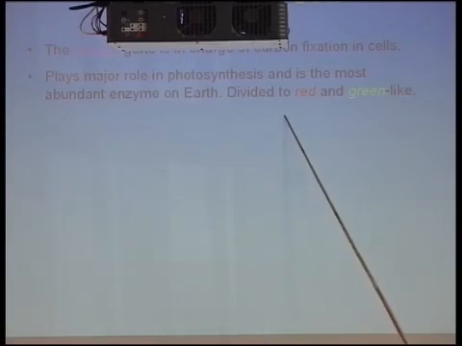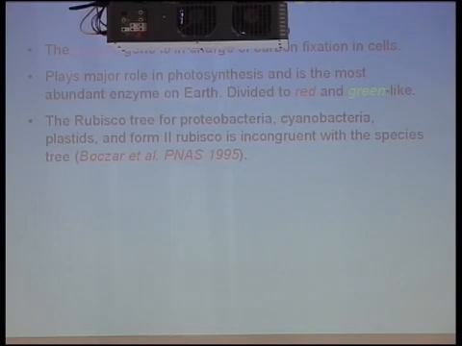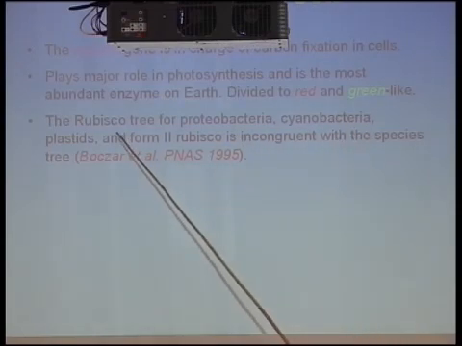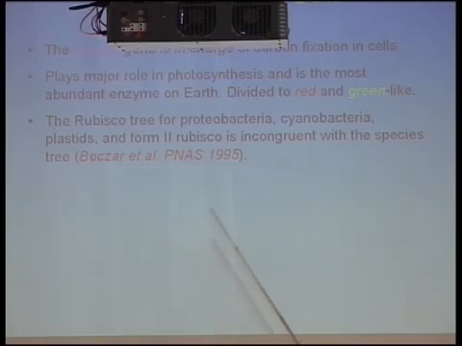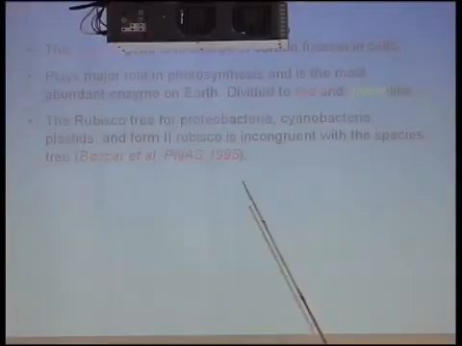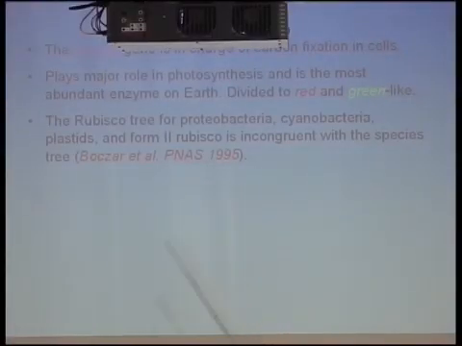Now it divides into red and green like Rubisco, based on the organism it is found with. So the gene tree of the Rubisco for these organisms is incongruent with the species tree of these organisms.